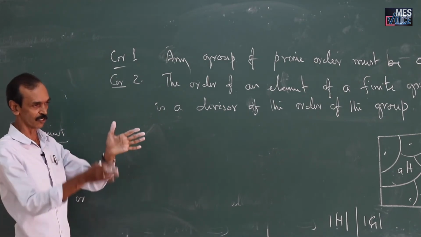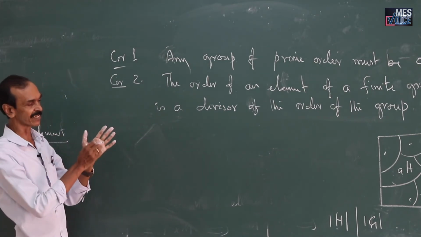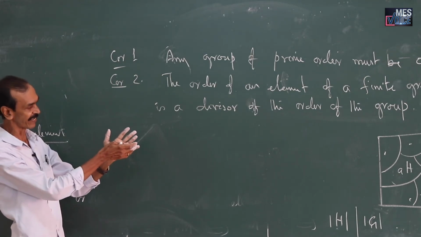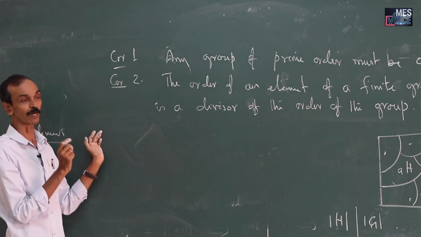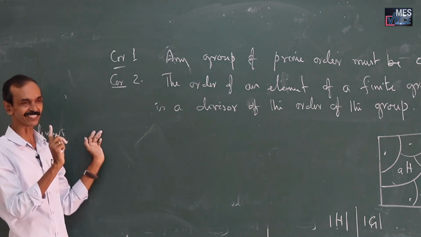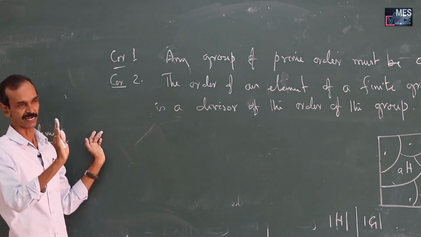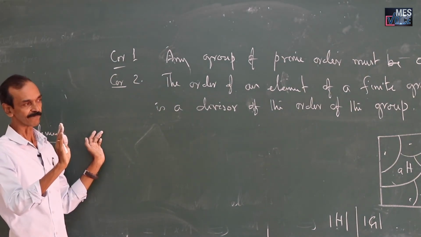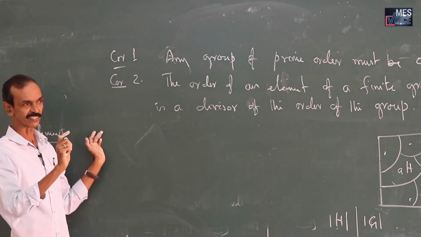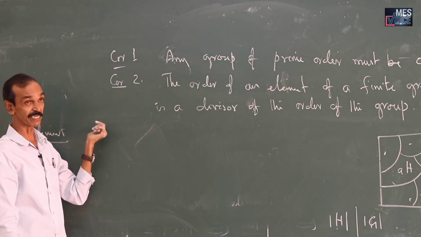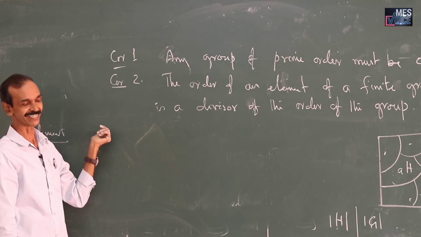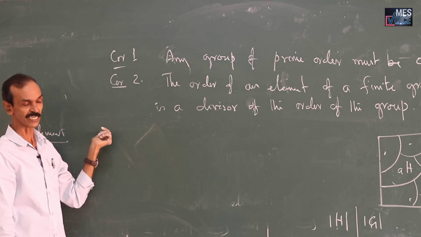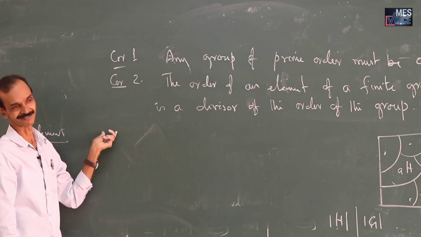Suppose the order of G is given, and we take the divisors of the order of G. Can we get subgroups of every such order? That is, if m is a divisor of n, can there be a subgroup of G of order m? It is a very interesting thing, and unfortunately the converse is false.